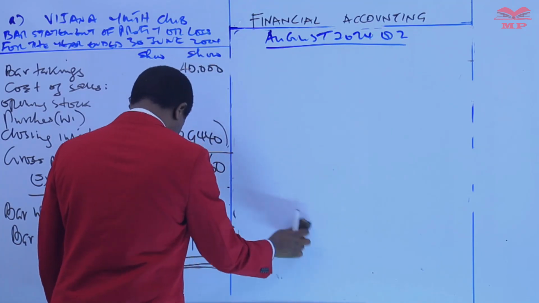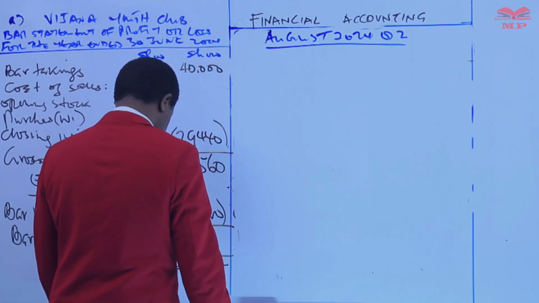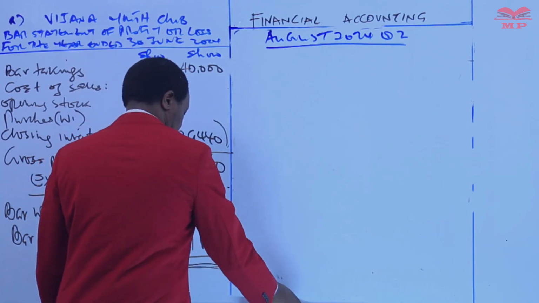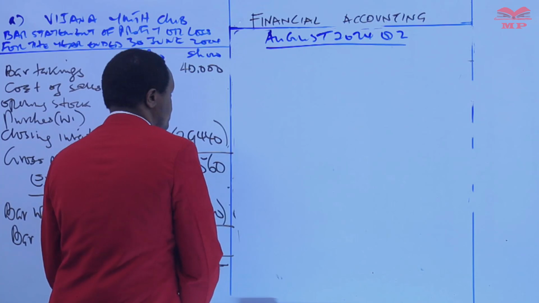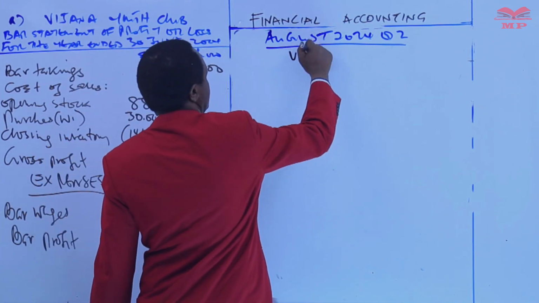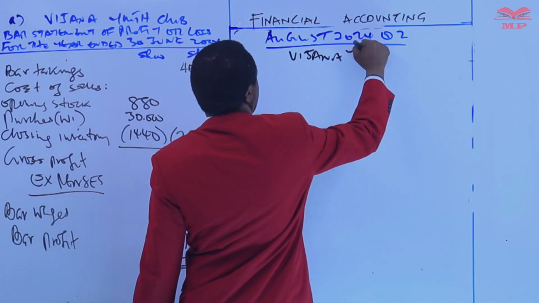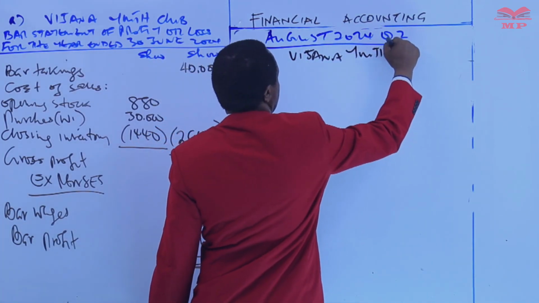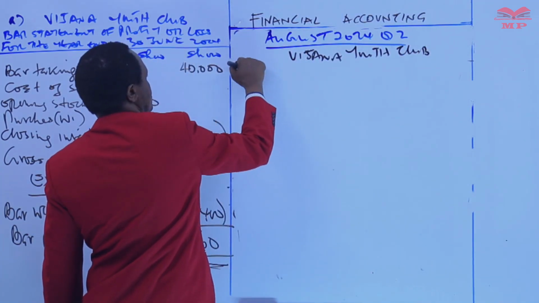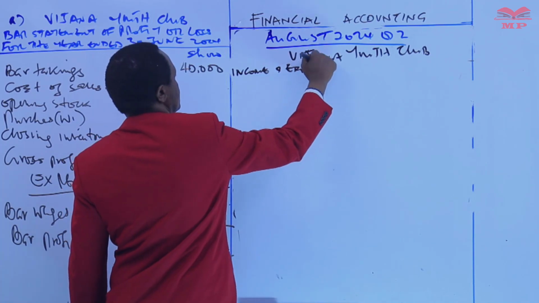So we have to prepare the income and expenditure account. Vijana Youth Club, income and expenditure.